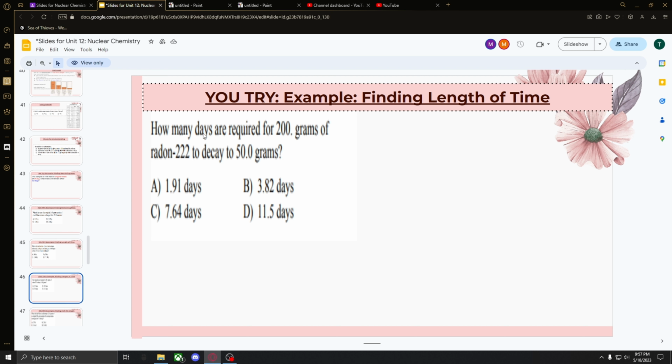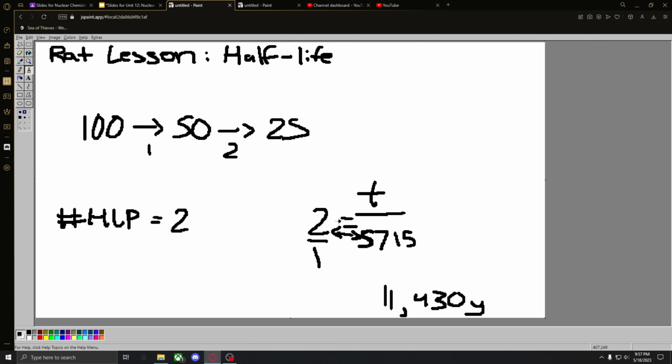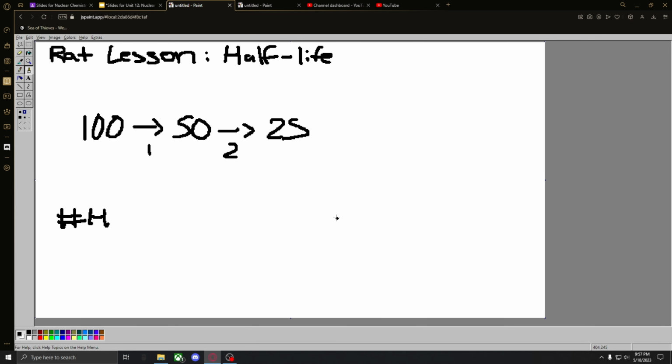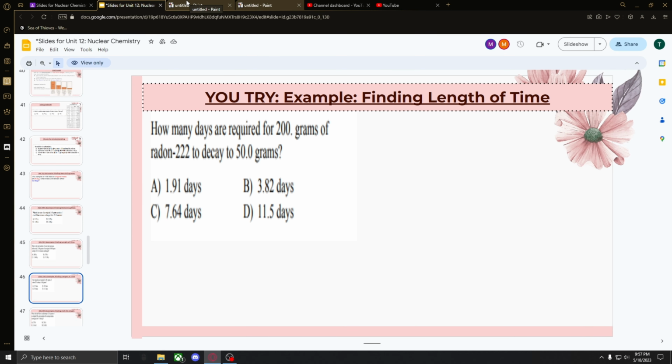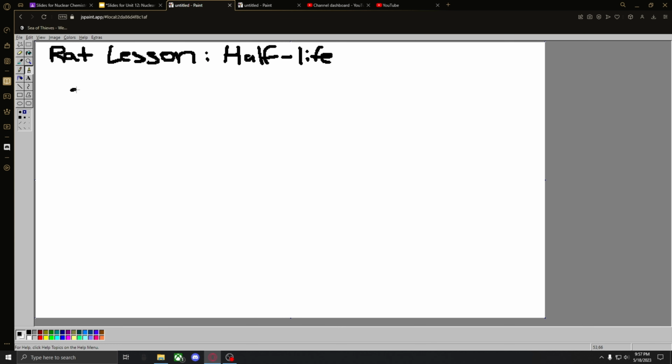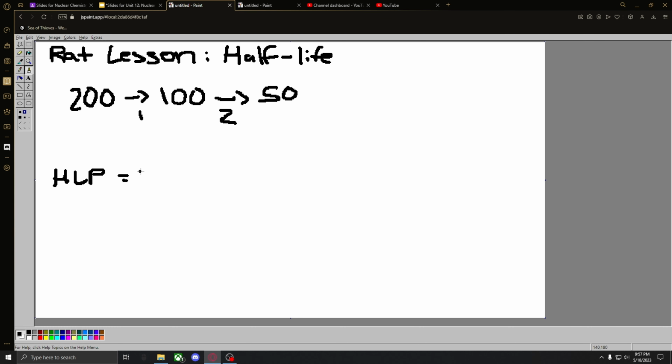This one asks for days again, which is similar to the previous question. How many days are required for 200 grams of radon-222 to decay to 50 grams? So we'll go from 200 to 100, and 100 to 50. This is also 2 arrows, so our number of half-life periods is 2 again.